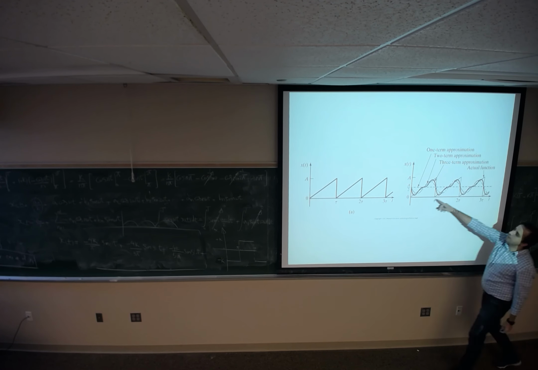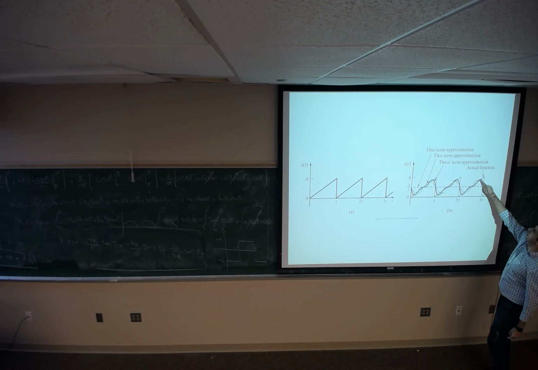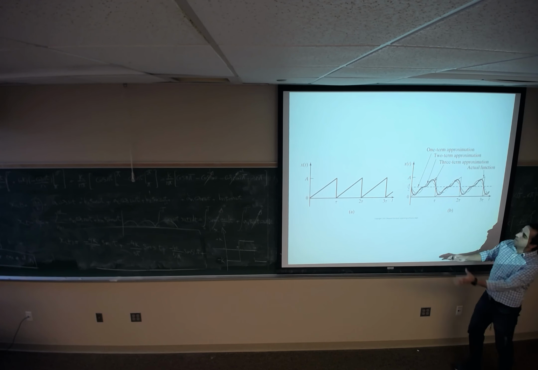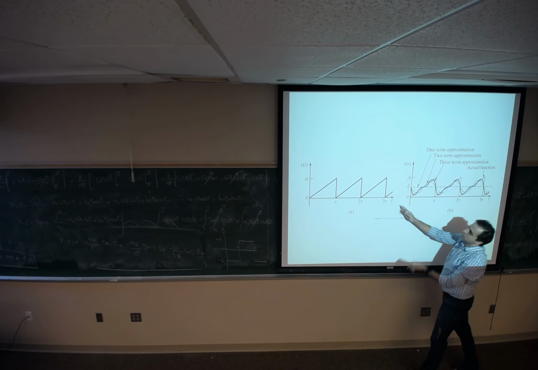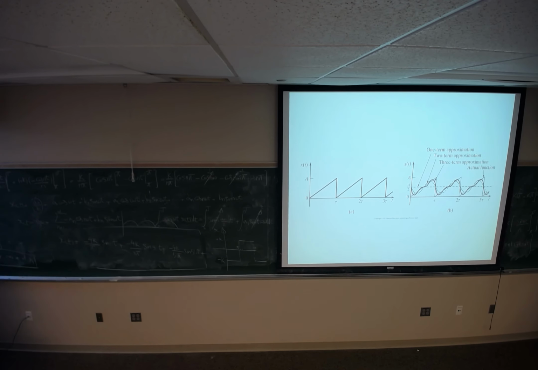The 3-term approximation is more accurate than the 2-term approximation. If you want more accuracy, you should have a 4-term approximation. As you see, this 3-term is very close to the original function, which is not a harmonic function. So now you can use 3 terms, or if you want more accuracy, a 4-term approximation, and deal with that.